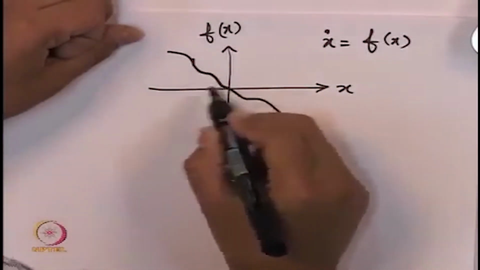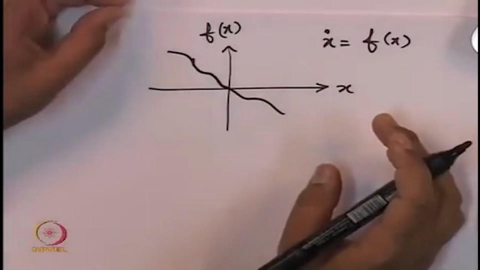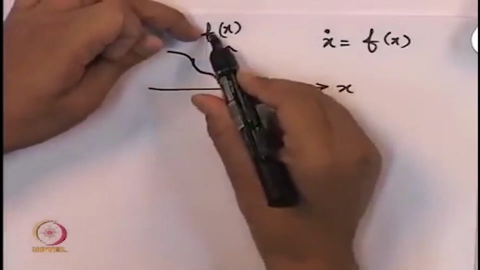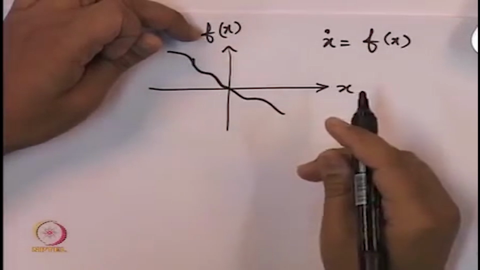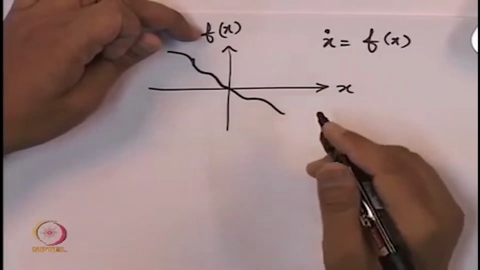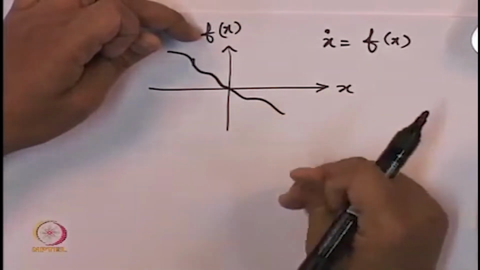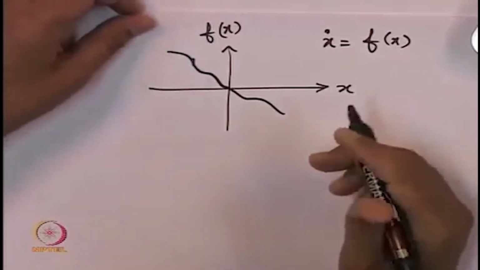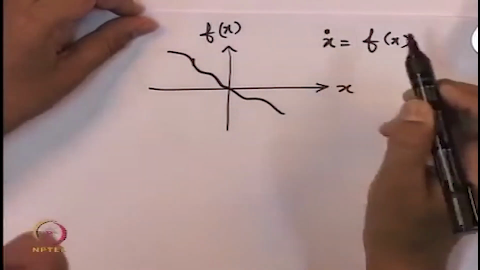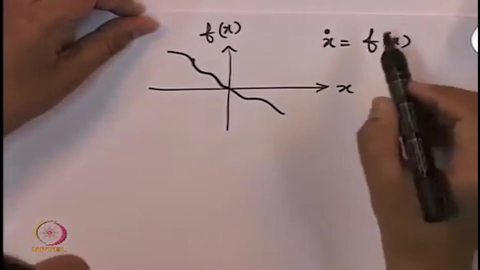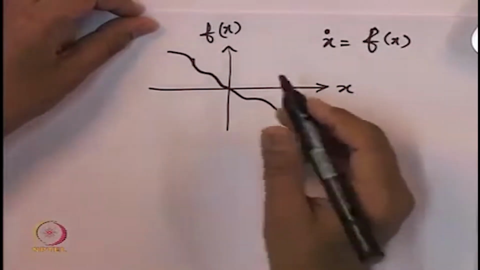So, it is important to note that in this example we are plotting f versus x, while we are actually going to construct a Lyapunov function which is also positive except at the point x equal to 0, and the rate of change of v with respect to time, v dot, is required to be negative. By our convention, the dot signifies rate of change with respect to time. f is itself a function of x.